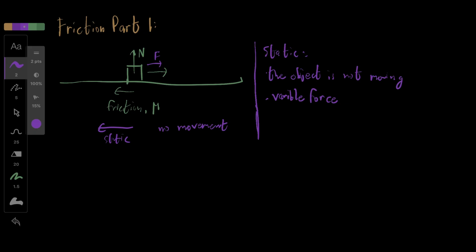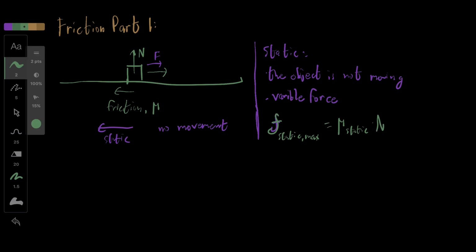Now, what is this maximum? Well, the friction, which is written with this sort of lowercase f, over here I'll draw it in green, and then friction of static, maximum is equal to the coefficient of static friction, which is again dependent on the surface, multiplied by the normal force.